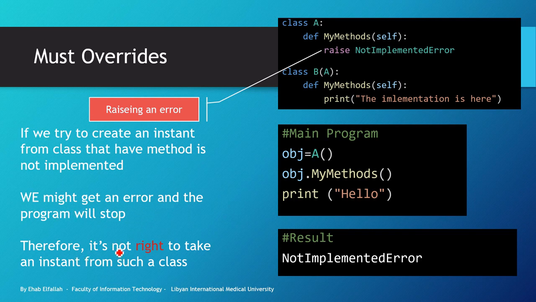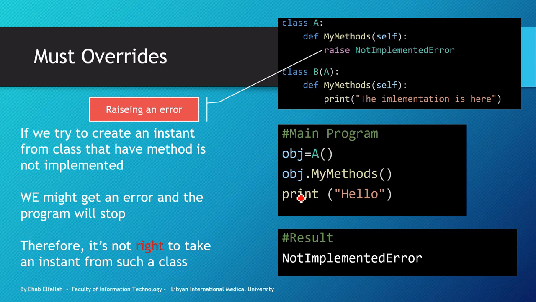Therefore it's not right to take an instance from such a class. Other programming languages will stop you directly, but in Python you have to go to this step before it stops you. So here we take an object from A and call my_method, because A has a method called my_method, but it's not implemented.